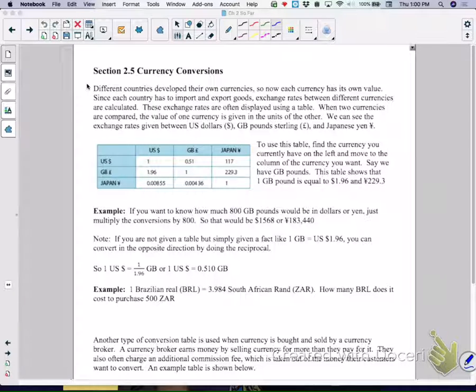So in this table, we have exchange rates between U.S. dollars, Great Britain pounds sterling, and the Japanese yen. You can see those symbols there. One thing you'll notice is that some symbols go at the beginning of the amount of money, some go at the end. We'll talk about this later with the euro. The euro is used by many European countries, and before the euro those countries had their own currencies.